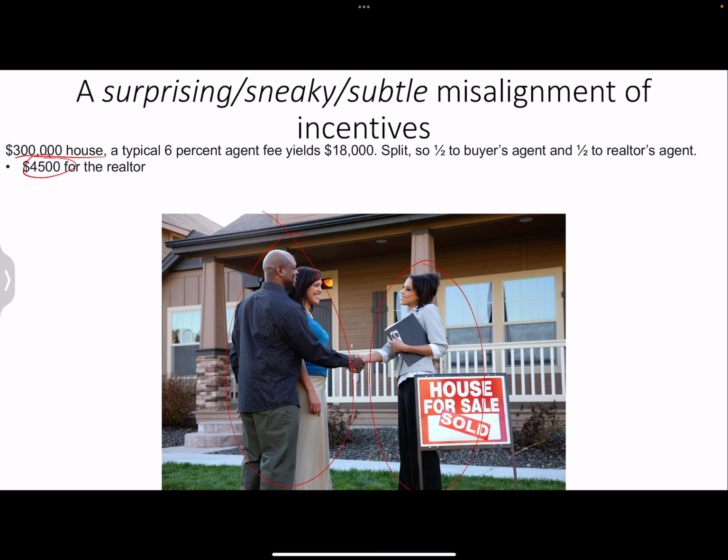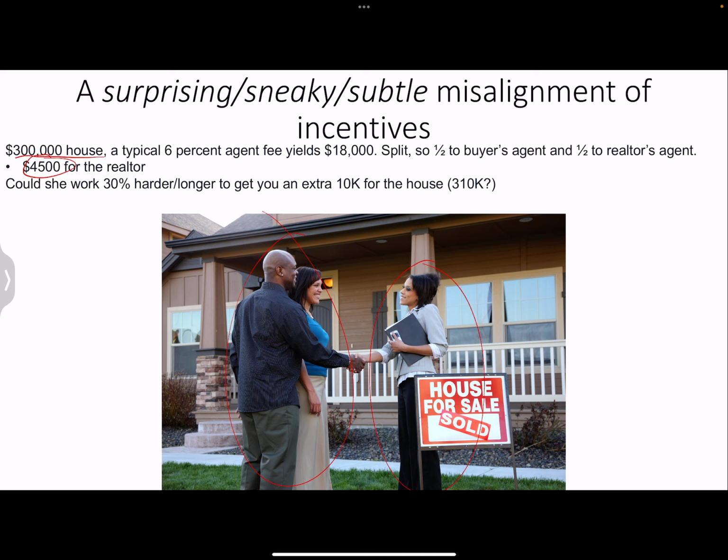So the agent is incentivized, you would think, to try to make as good a sale as possible. If instead of selling the house for $300,000, we sell it for $600,000, well, then the agent makes $9,000. So obviously, again, the agent and the people selling both want to sell it for as much as possible. But if you think about it a little bit more, maybe they're not completely aligned. Because 300,000 to 600,000, that's easy if it's just one deal or the other.